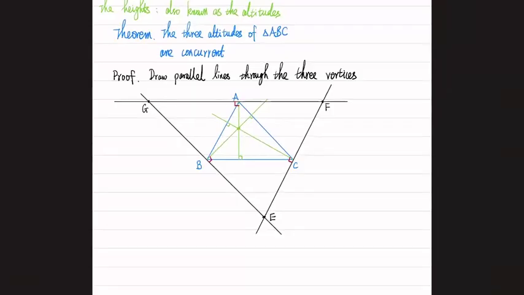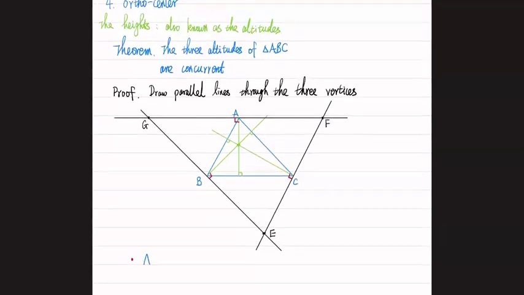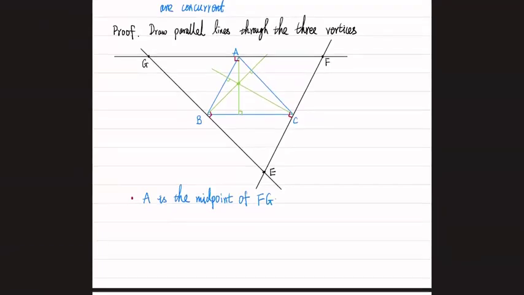I will let you fill in the steps. Step 1: A is the midpoint of FG, or GF.